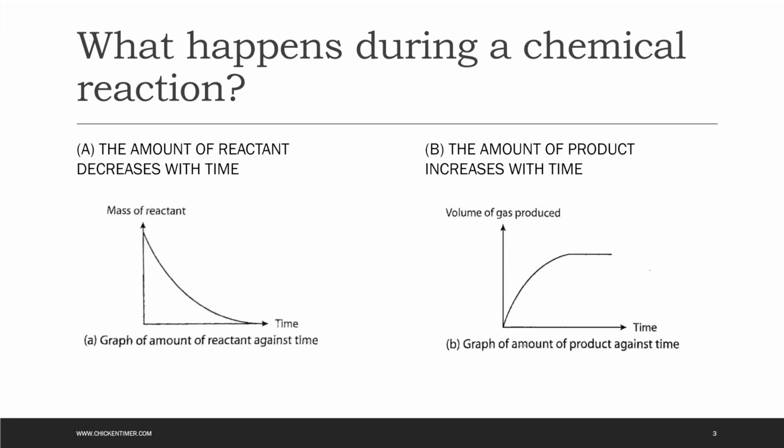When you use the setup, if you measure mass, you will end up measuring A, unless you want to collect the product. Because for mass, that means you have to collect the solid product and measure its mass. As the reaction is ongoing, it's not very possible to collect your solid product.